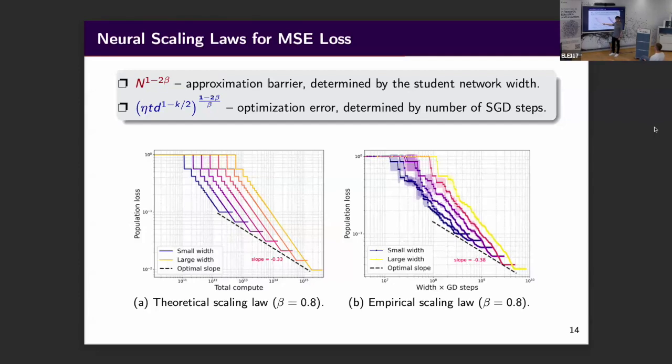Then the loss stops improving. This is a theoretical prediction, and if you run an experiment on learning a Hermite 4 neural network, you see something qualitatively similar. The slope kind of matches, but the empirical curve has a slightly steeper slope. I think this is because the slope is actually increasing due to the finite truncation.